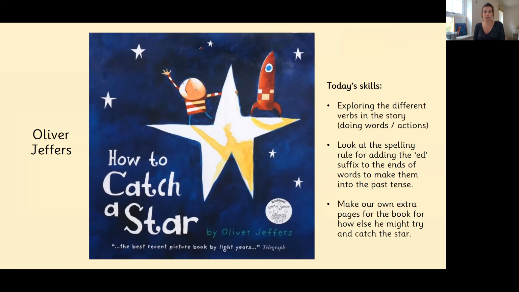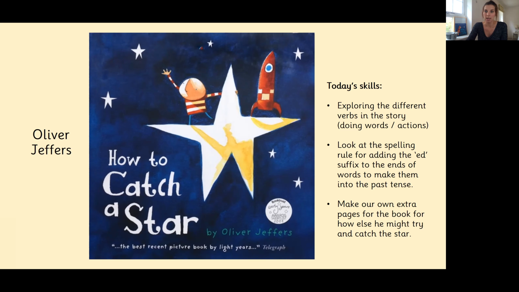We're also then going to be looking at a spelling rule, which is adding the ed suffix onto the ends of words so that they become the past tense. Again, don't worry too much about that at the moment. That's just what we're going to be doing today. And then we're going to have a go at making our own extra pages for the book with our own suggestions about how he might try and catch the star. So hopefully you've thought of even more ideas now since last time about different ideas for how he could catch the star.